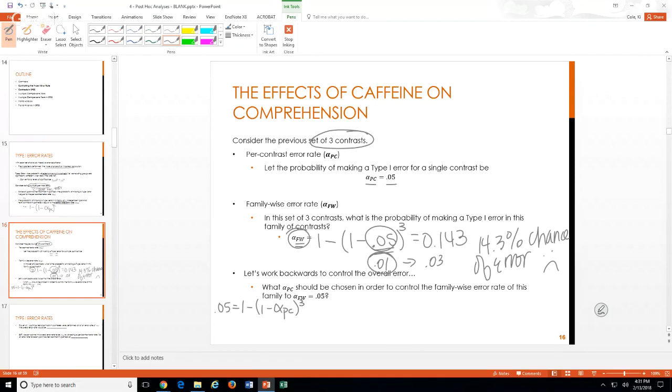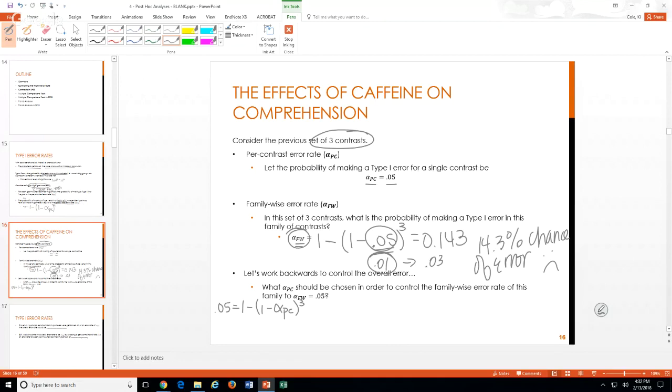It's going to be somewhere in between there. How do I solve for alpha PC? I need to take that third. Uh-huh. So it's not square root, it's the cube root. But we don't need to cube root all of it quite yet because I still have this piece out here. But it's close. That'll come. That's okay.